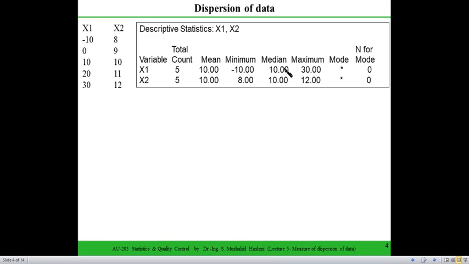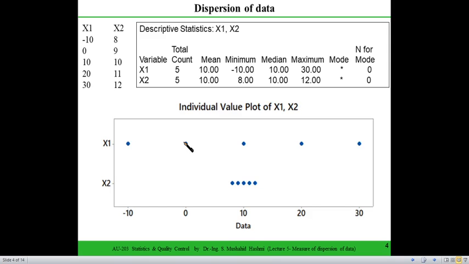So just a measure of central tendency is not enough in these two data sets to determine the nature of the data. If we visualize the two data sets through an individual value plot of x1 and x2, we see x2 is all towards 10, which is the middle value.